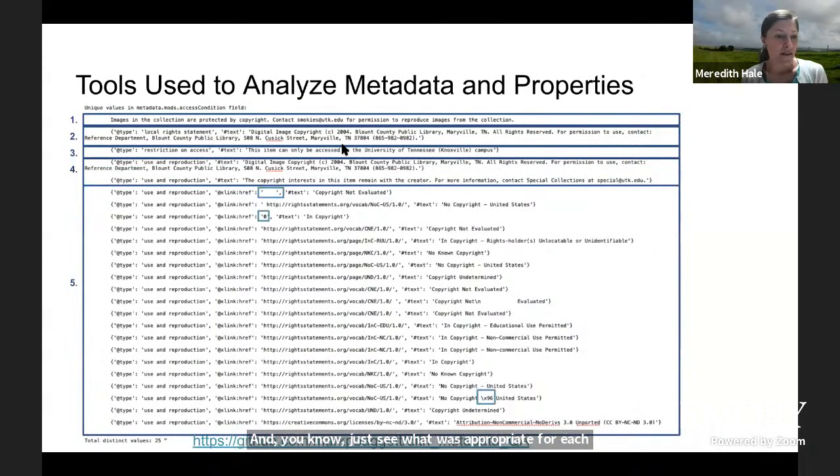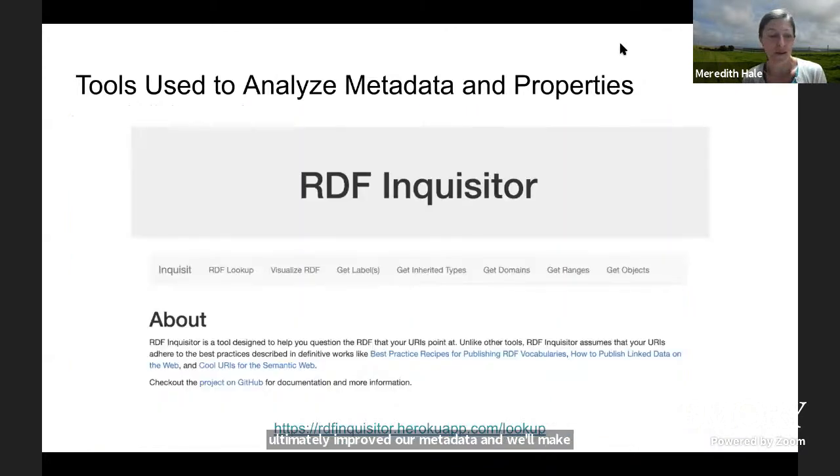Additionally, the DLTN Metadata QA helped us in identifying little tiny errors that we had throughout. You can see here the empty URI value, an encoding issue. We addressed those by creating some tickets and cleaning it up as we went, which ultimately improved our metadata and will make migrating a little bit easier.